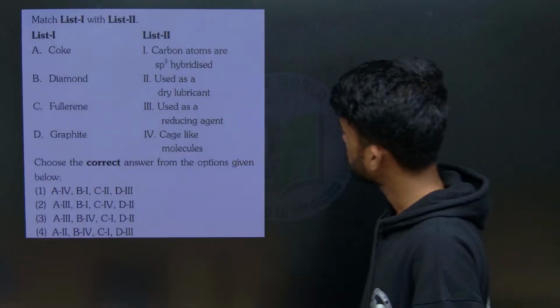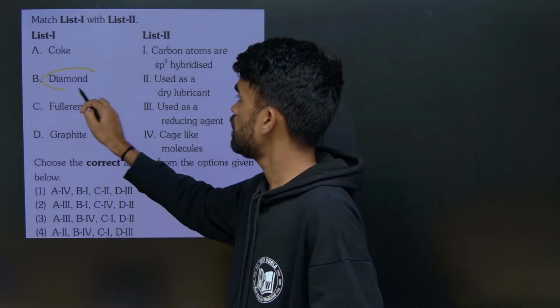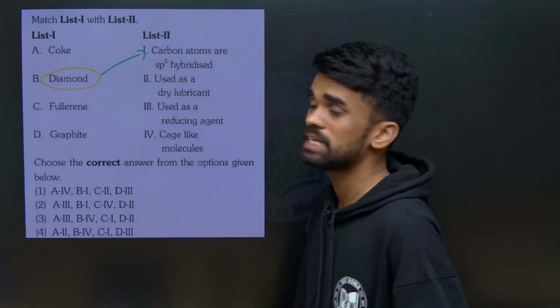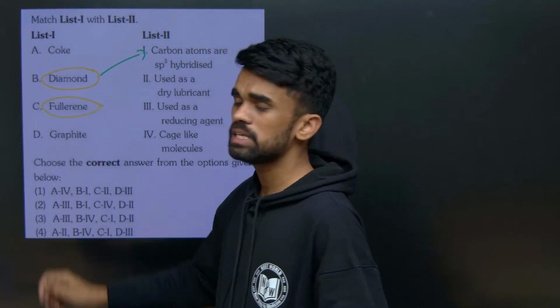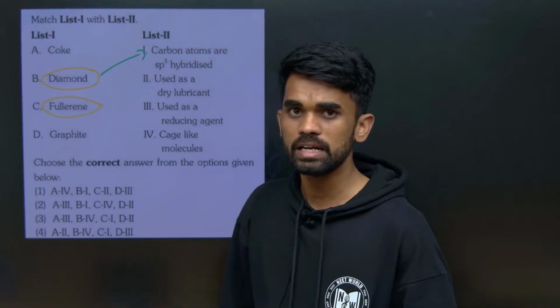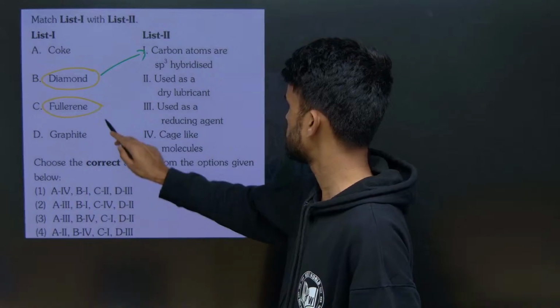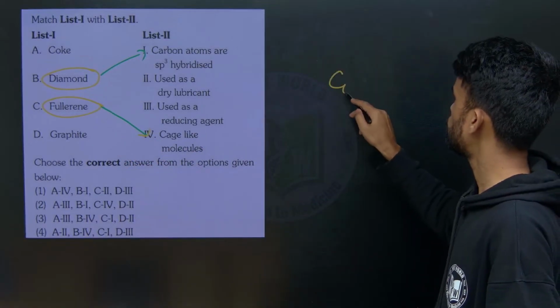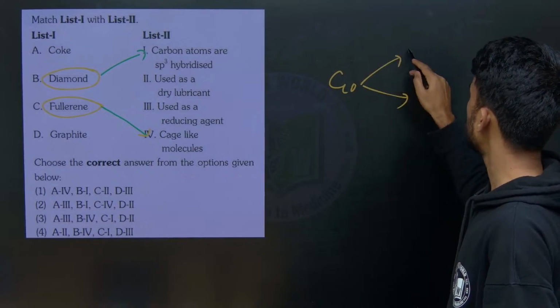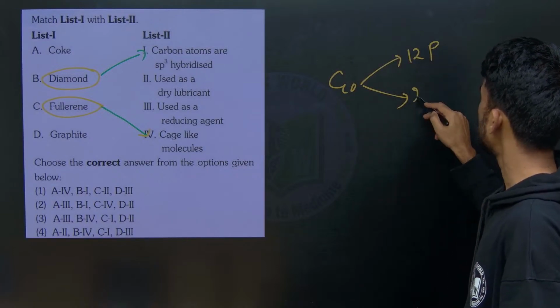Next, diamond will have all carbons with sp3 hybridization, right? And fullerene has a condensed form of hexagons and pentagons, so it has a cage-like structure. C60 fullerene has 12 pentagons and 20 hexagons.